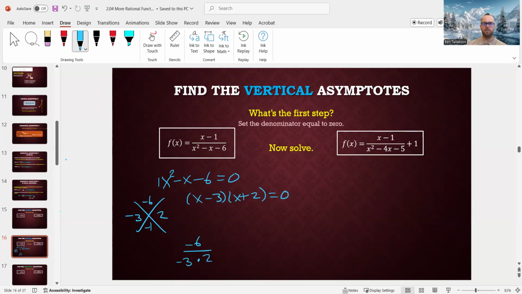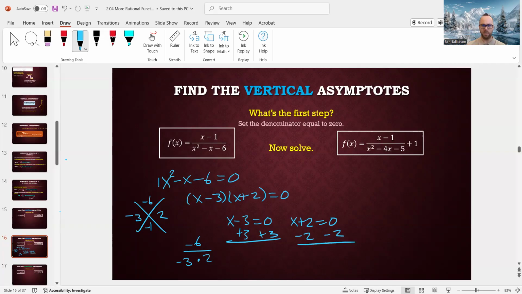Okay. So what do we need to do? We're finding the vertical asymptotes, right? Meaning where x is equal to a value. So what we need to do is take each of these factors and separate them, setting them equal to 0 and solving for x. So take a look.